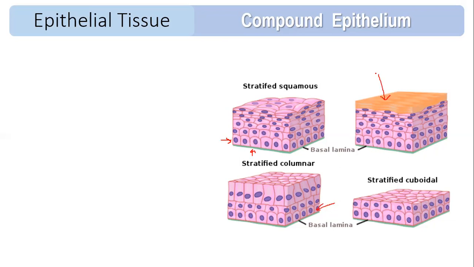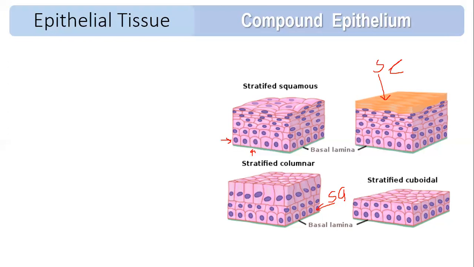So the free end is without nucleus in case of the skin. I am talking about skin. The lowermost layer of the skin is called stratum germinativum and the uppermost layer is called stratum corneum. Stratum germinativum has the nucleus, whereas stratum corneum does not have the nucleus.